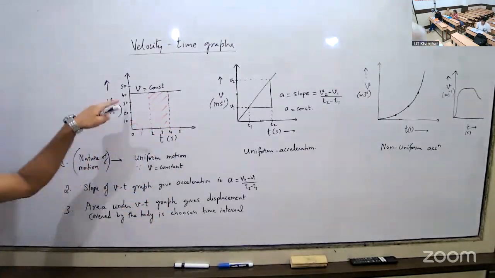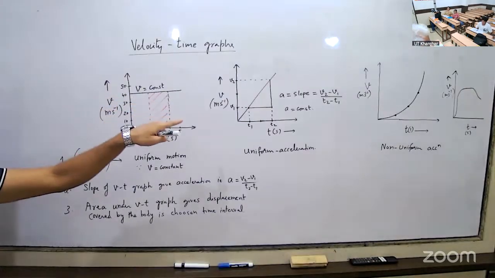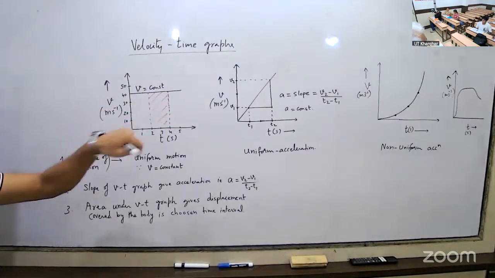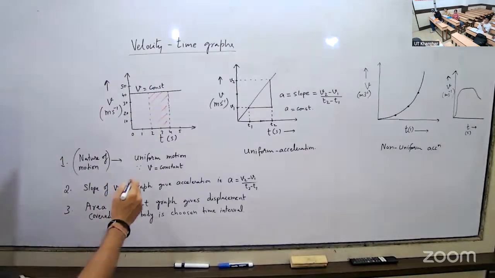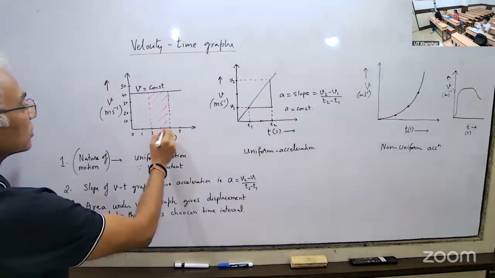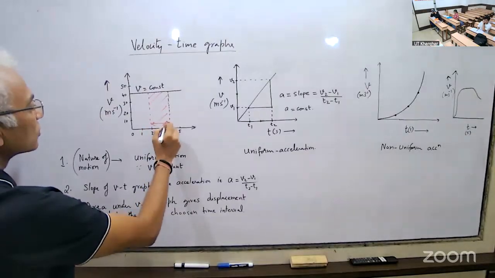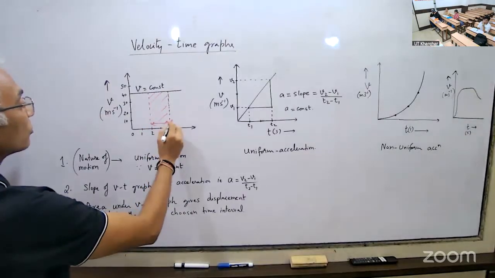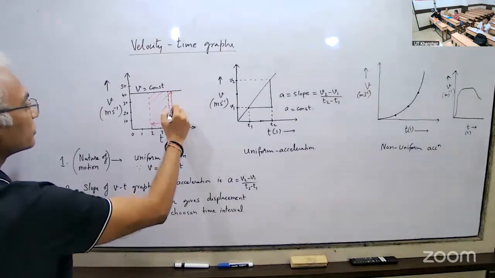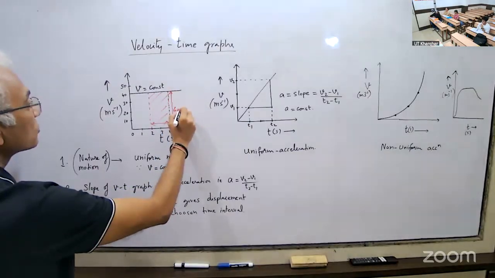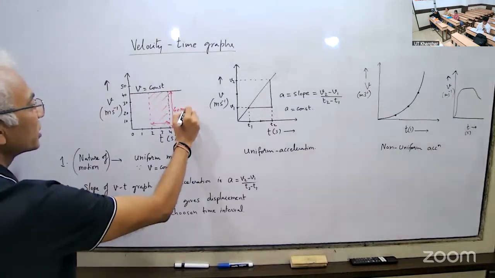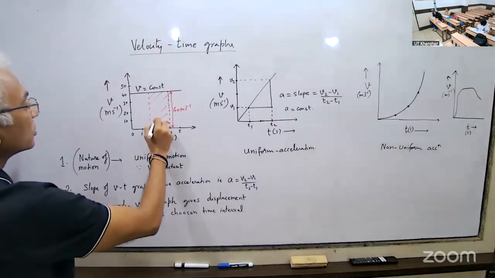For 2 seconds you know that it traveled at the rate of 40 meters, covering 40 every second. So the displacement will be 80. How did you get it? What is this? 4 minus 2. And what is this? 40. This is 40 meter per second, and this is 2 seconds.